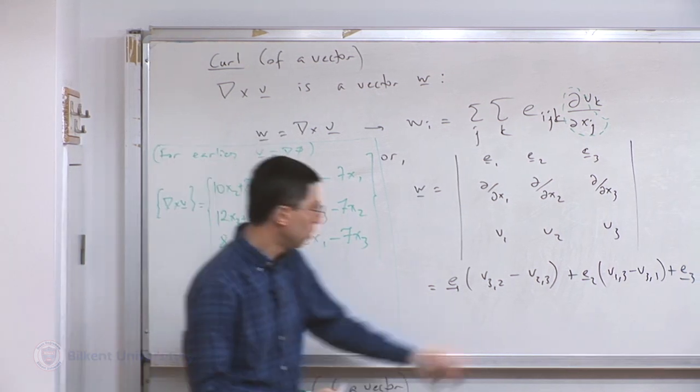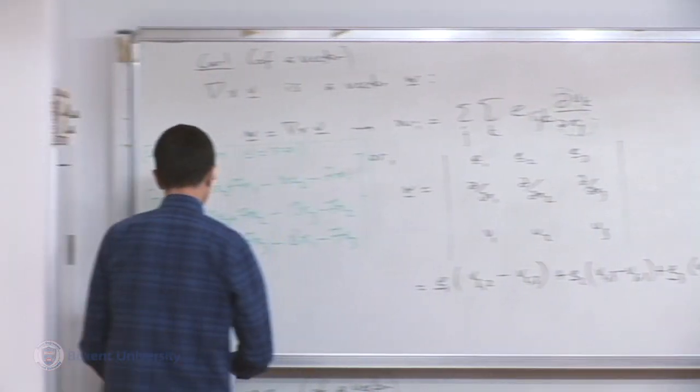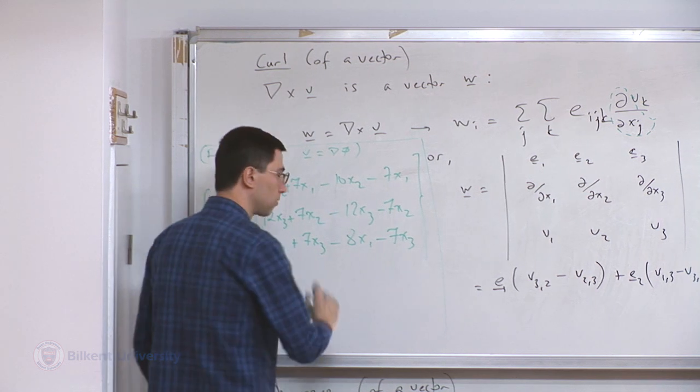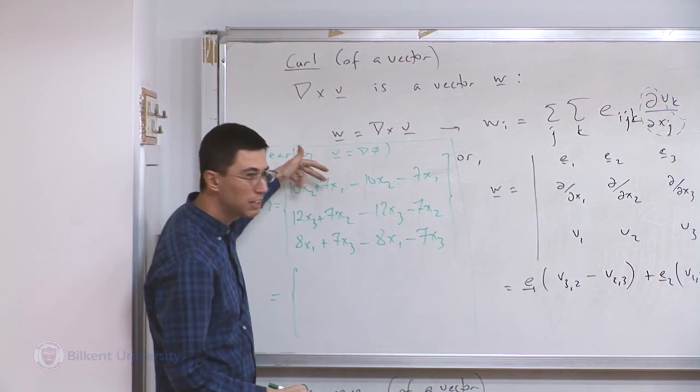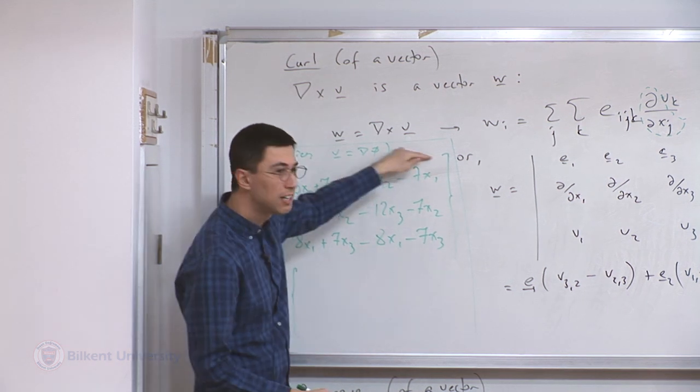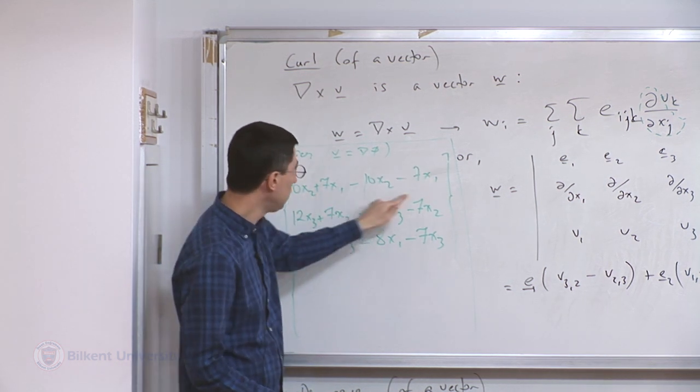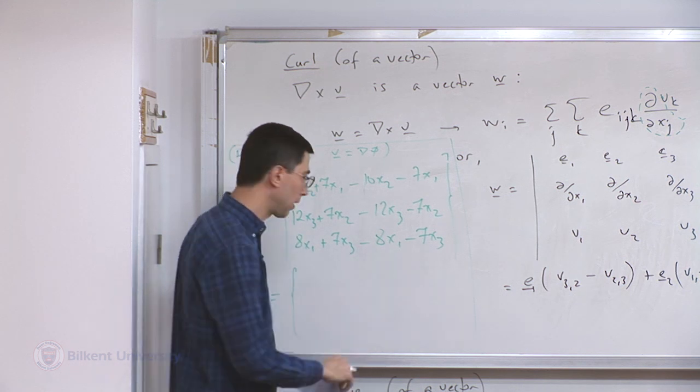I put the minus sign always because there's a minus sign there. And the result is not very exciting, right? It's a lot of operation, but the result is a clean 0 there, a clean 0 there, and a clean 0 there.